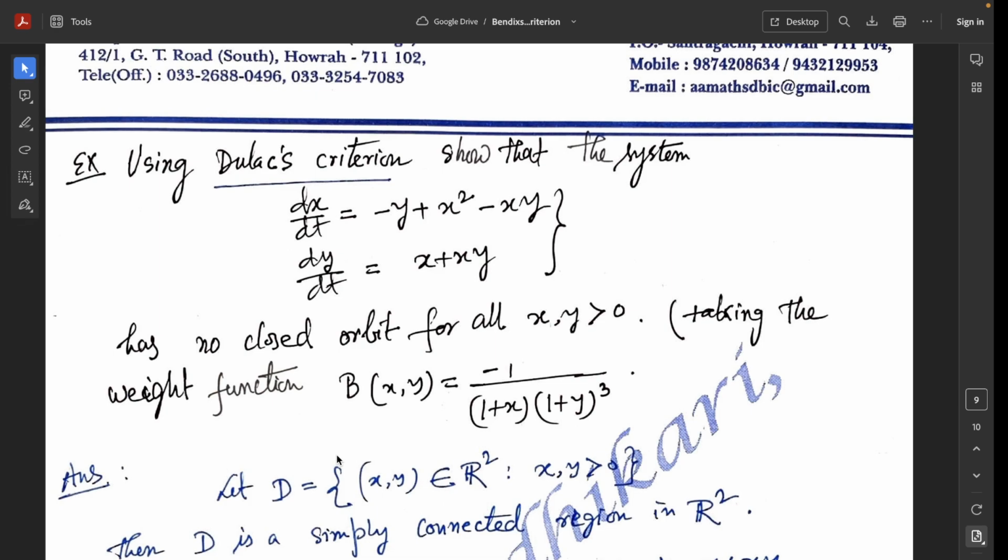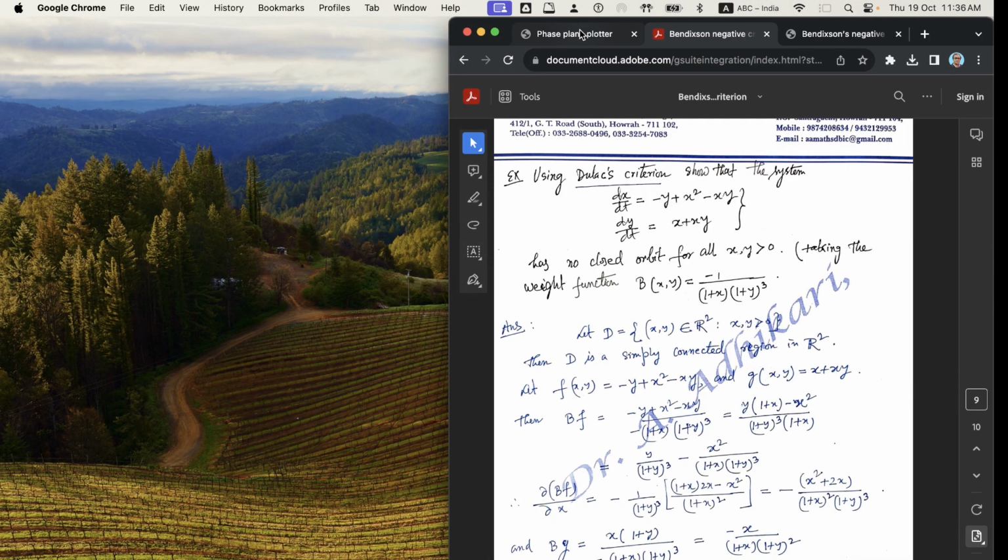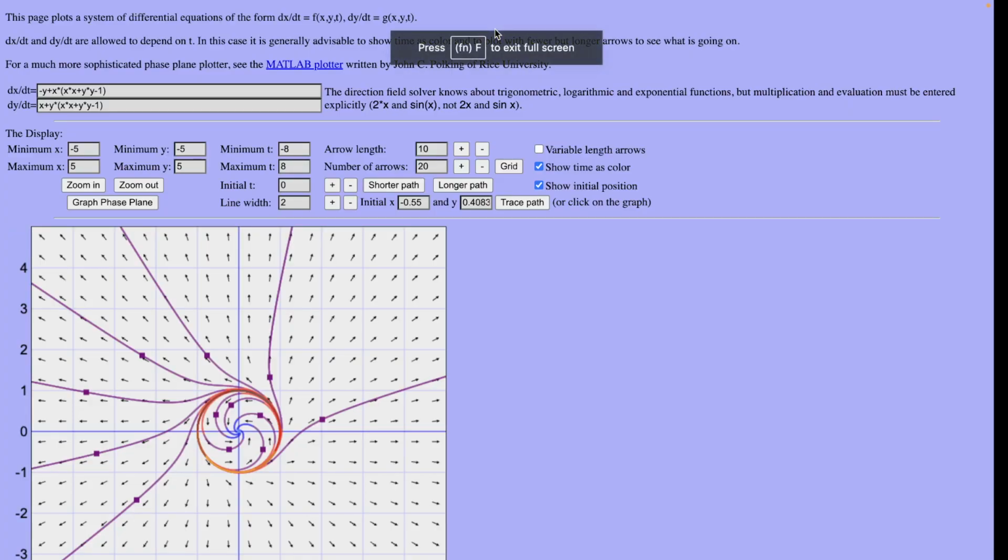So you can try this in the phase plane plotter: dx/dt equal to minus y plus x square minus x into y, and dy/dt equal to x plus x into y.